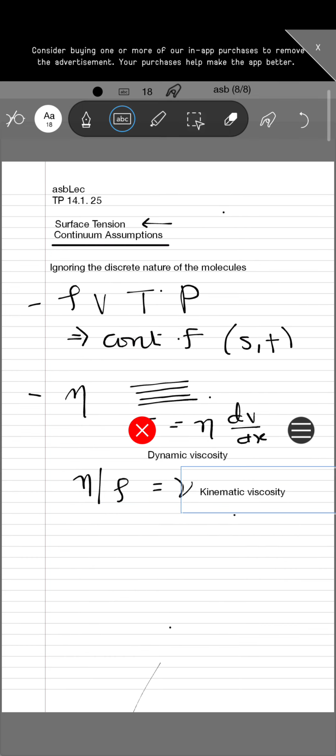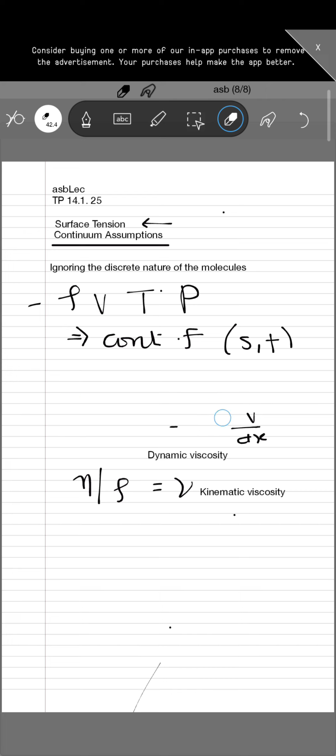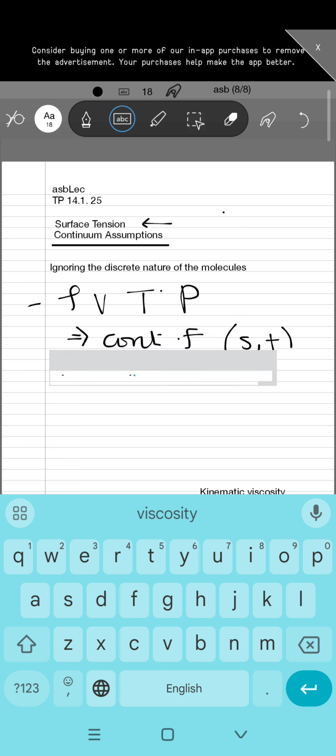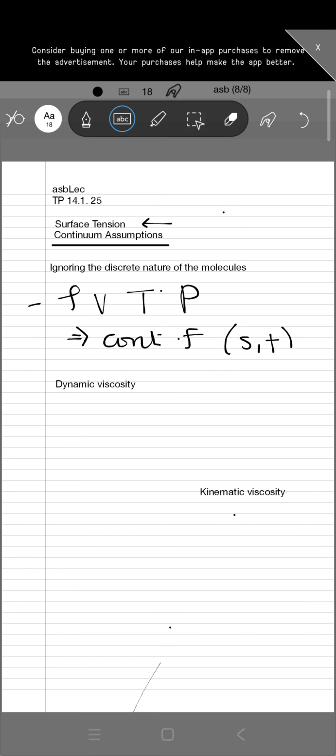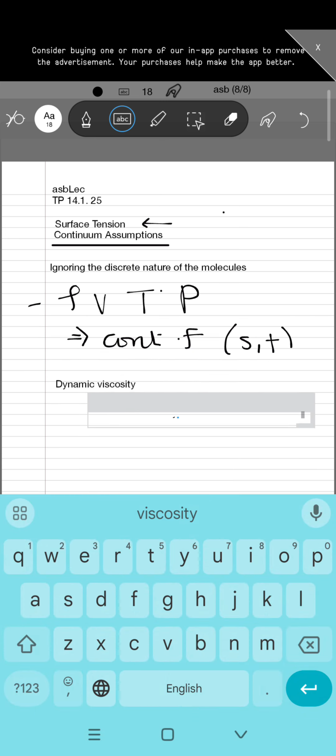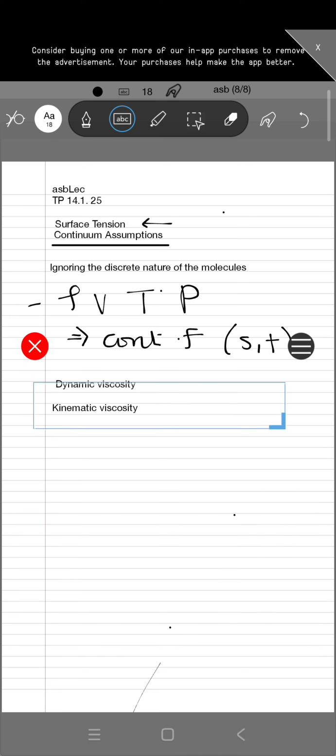So one is the dynamic viscosity, another one is the kinematic viscosity.